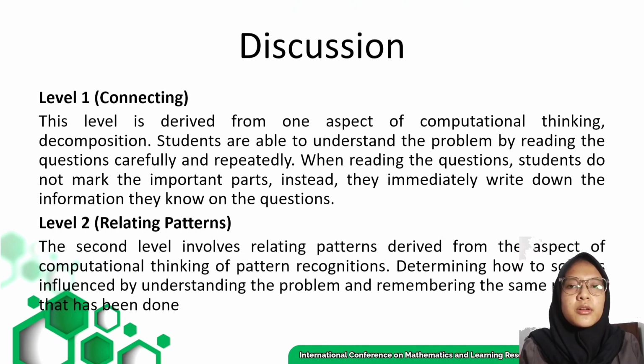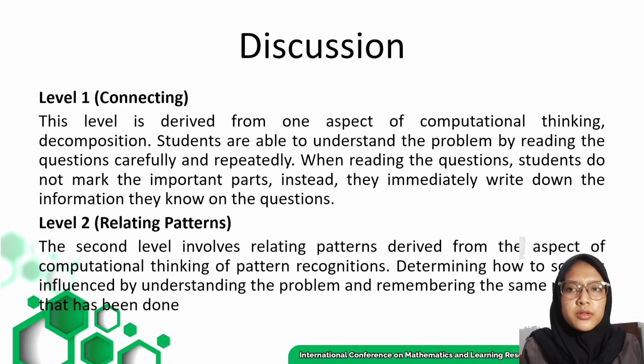When reading the question, students do not mark the important parts, but immediately write down the information they know from the questions.